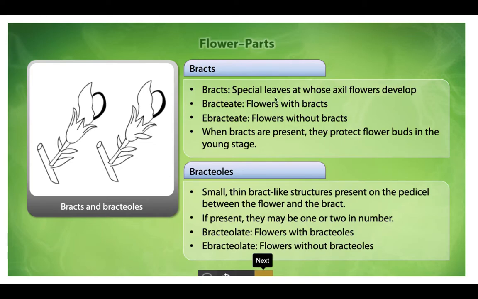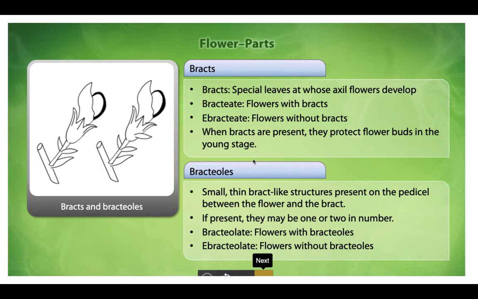Bracts are basically special leaves at whose axil flowers develop, and bracteate is the term used for flowers with bracts, and ebracteate for flowers without bracts. When bracts are present, they protect the flower bud in the young stage.